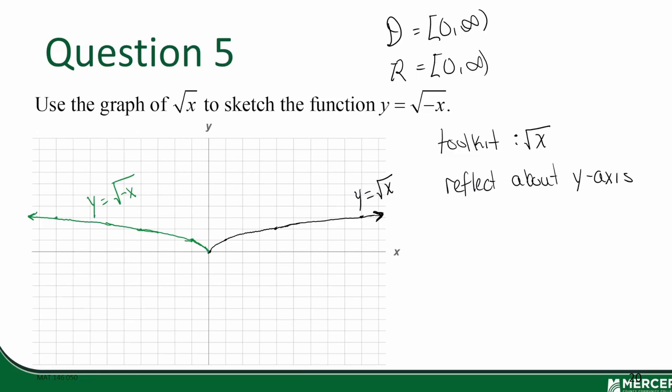There's a domain and range, right? What's the domain of the new function? Opposite. Which would be what? When everything is negative, negative infinity to everything equal to 0. What about the range? Opposite.